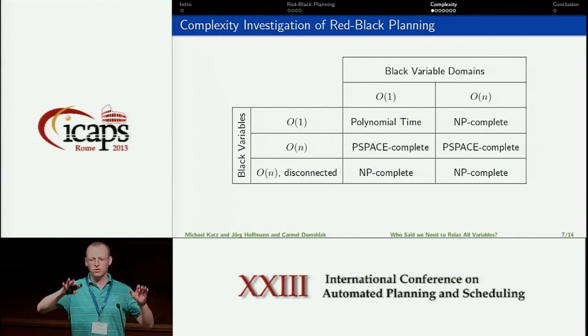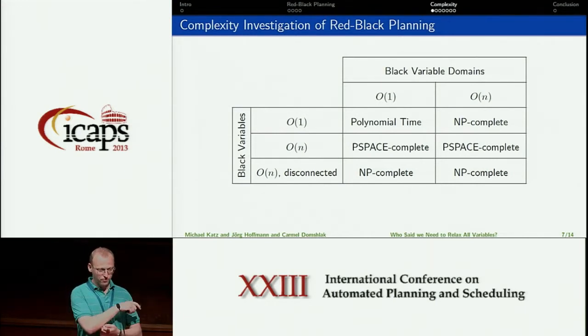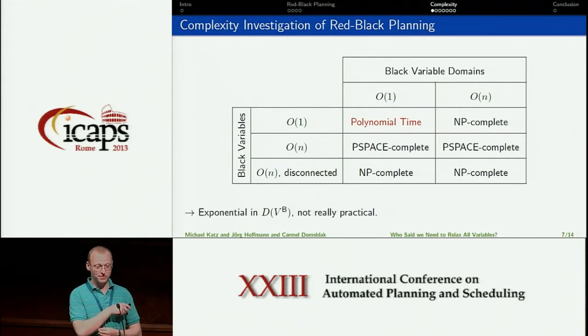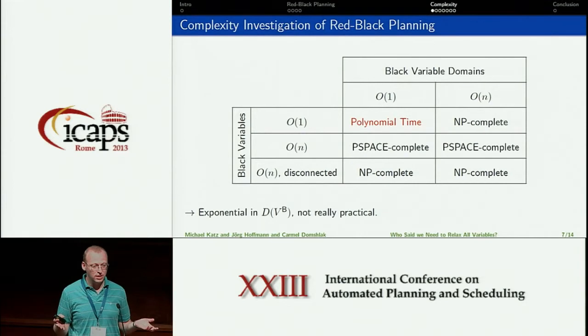So if all your black variables are disconnected, it will still be NP-complete. Okay, so we have one polynomial result. The problem with that polynomial result is that it's actually exponential in the product of the black domains. And that's bounded, but not really practical.